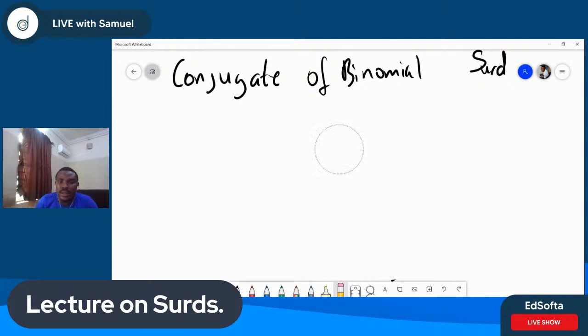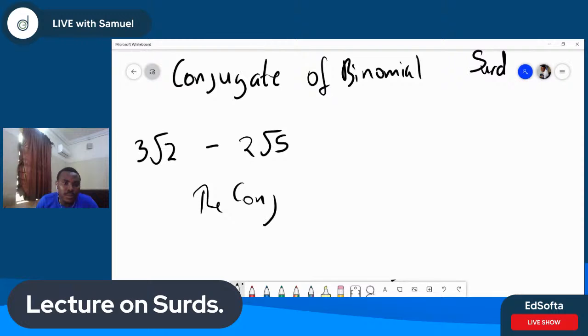So if you have another example like this, 3 root 2 minus 2 root 5, all you have to do is what? The conjugate would be 3 root 2 plus 2 root 5.